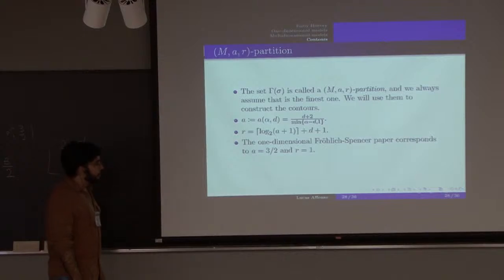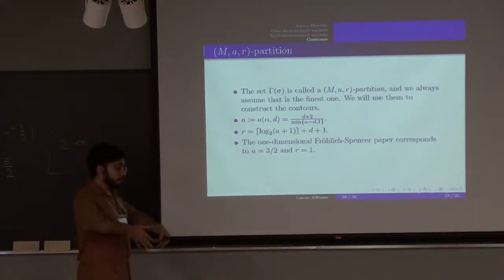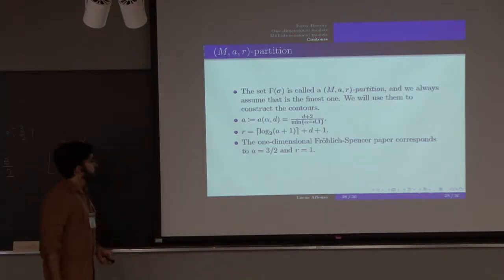And since the separation condition B2 is something that goes to the power of A, this means that when the interaction is stronger, the contours should be further apart. They need to be more separated.